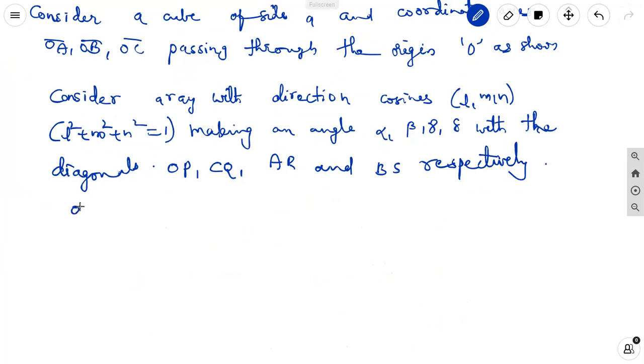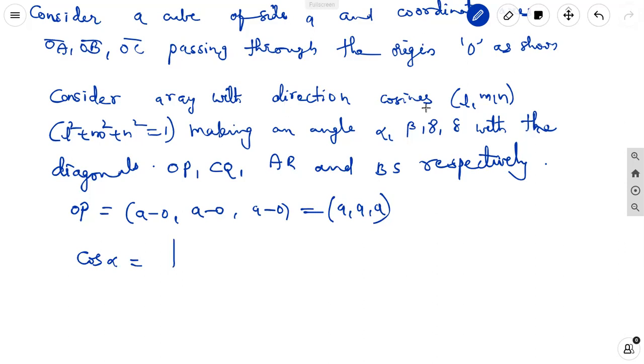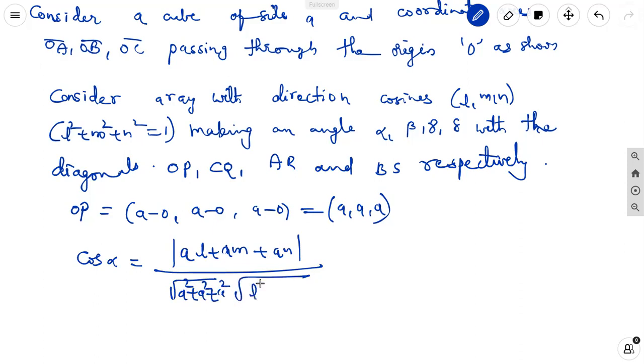Here OP equals A minus 0, A minus 0, A minus 0, that is equal to A comma A comma A. Next, cos alpha equals modulus of AL plus AM plus AN by under root of A square plus A square plus A square, under root of L square plus M square plus N square.